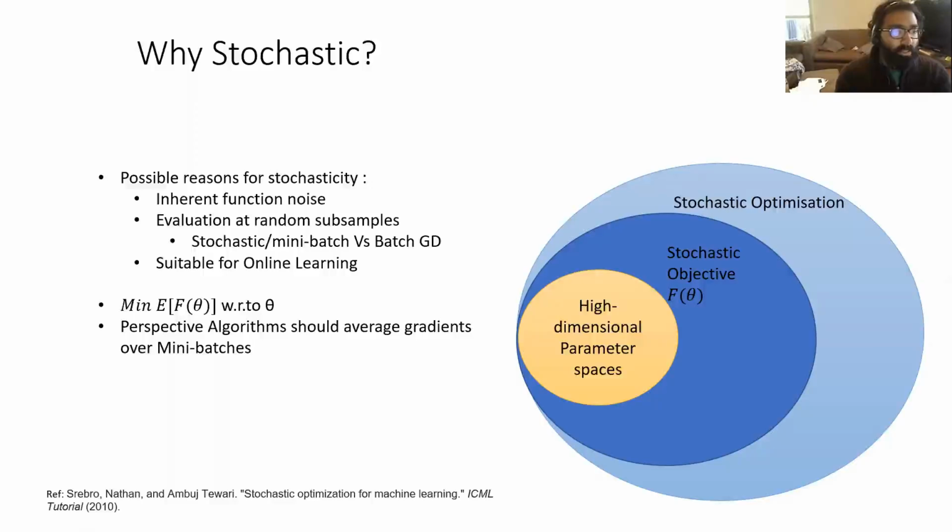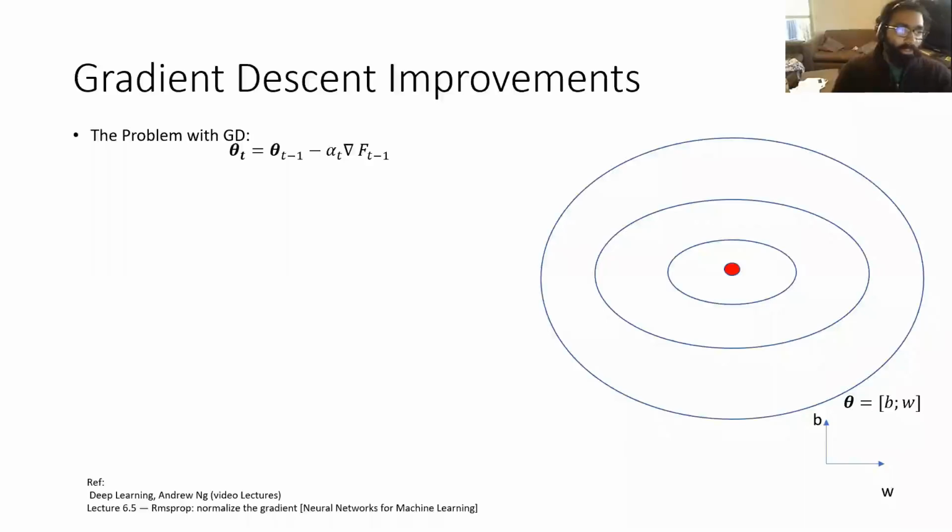And let us start with discussing the problem with simple gradient descent. So this is a simple gradient descent algorithm. Imagine that you have just two variables, b and w, and theta is your variable vector. So if you do iterates like this, alpha t is reducing with time.